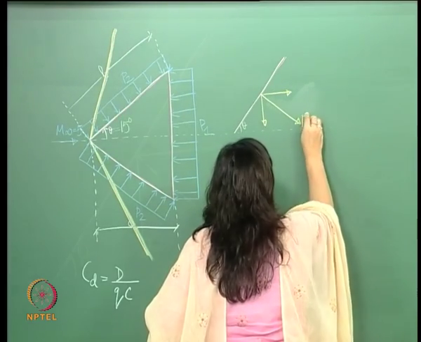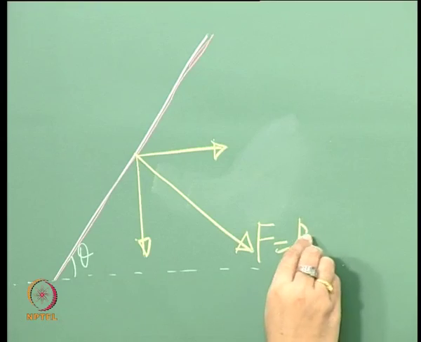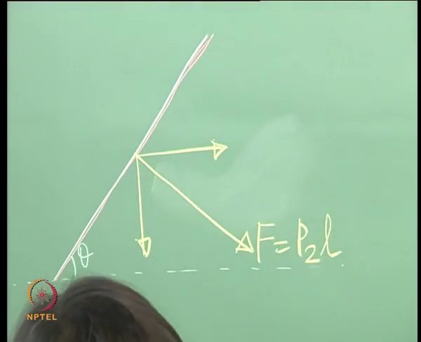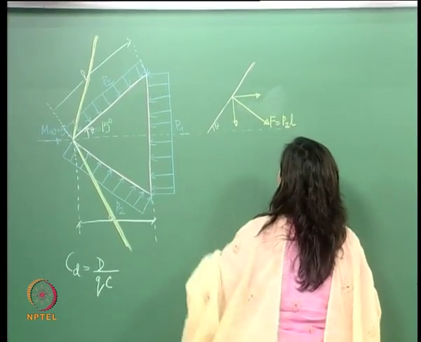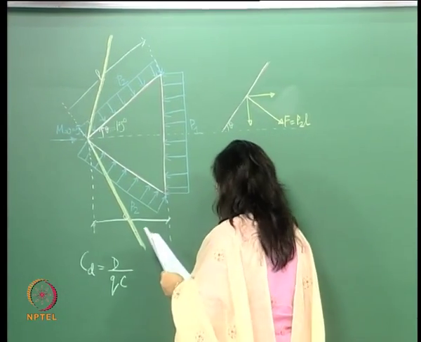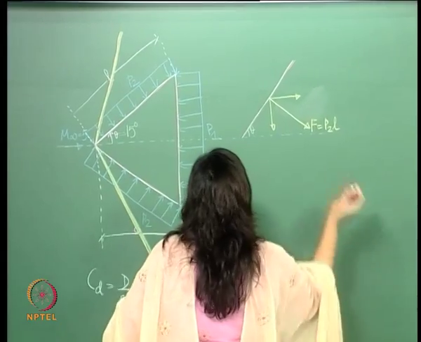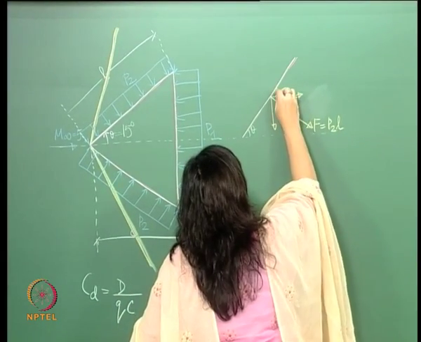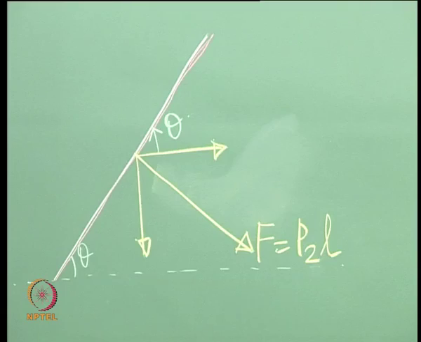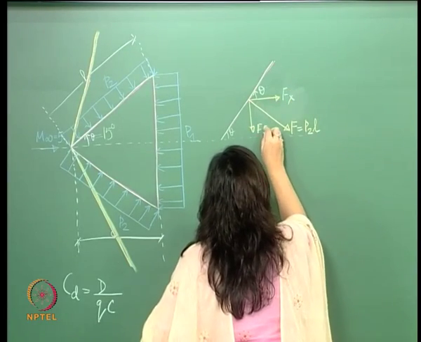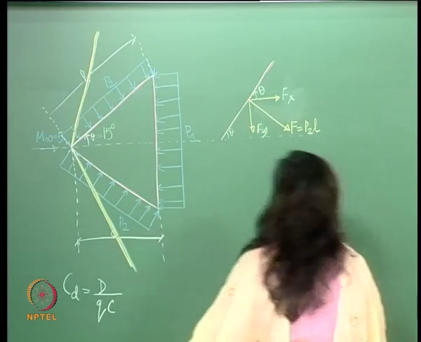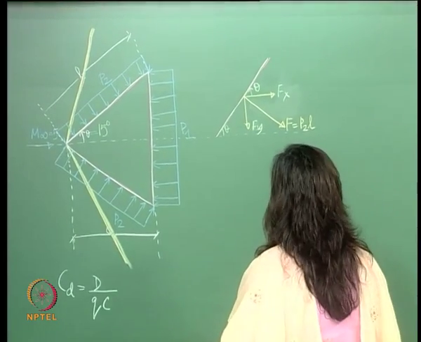So this is an F which is equal to P2 into L, and this is a theta. Let's call these Fx and Fy, which makes more sense to me.